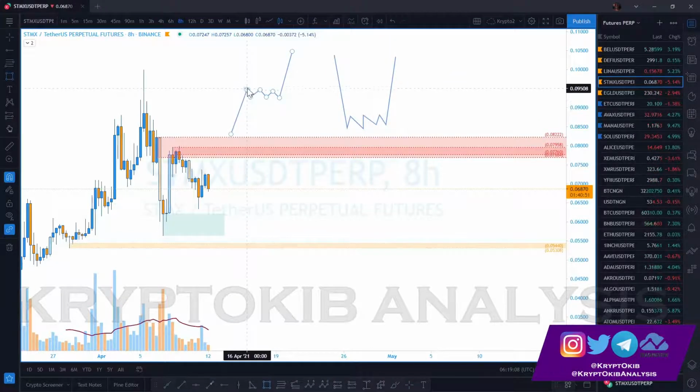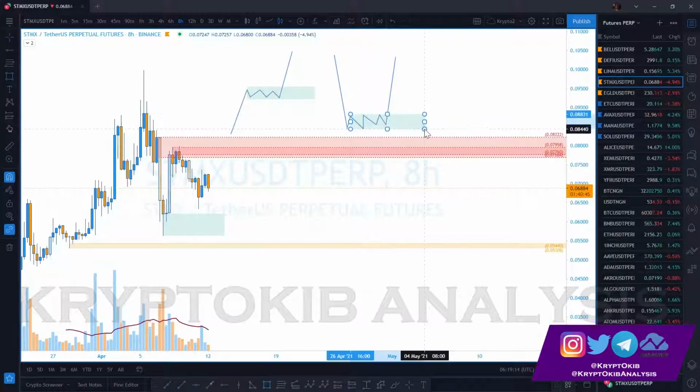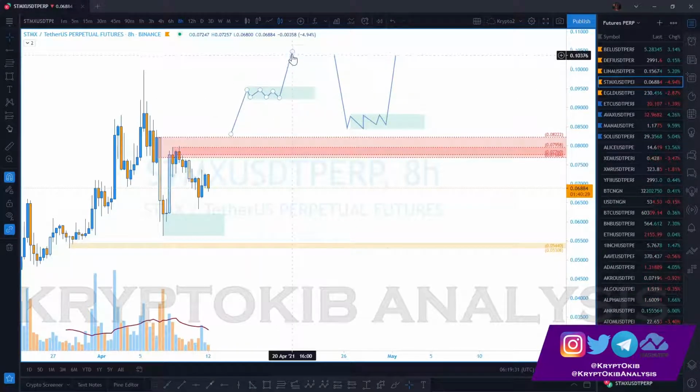Automatically, this becomes a demand zone, as well as this becomes a demand zone, because the origin or the base of the rally is where we take as a demand zone, where the demand came in, and then here is the basing leading to this rally.